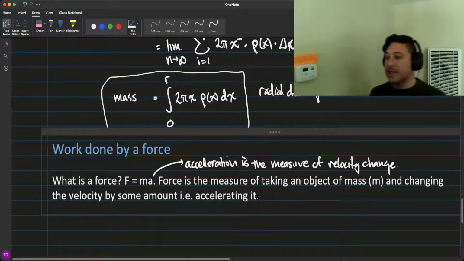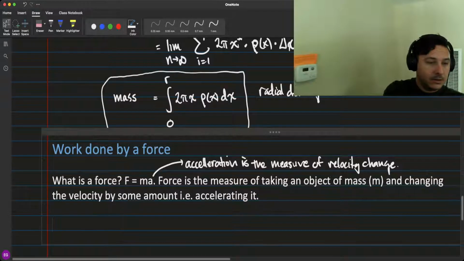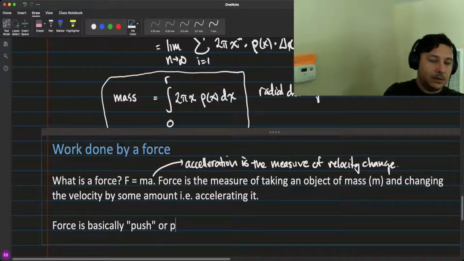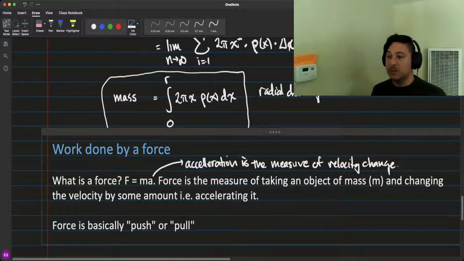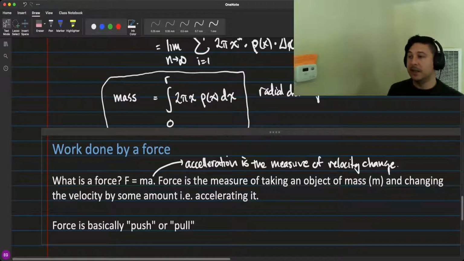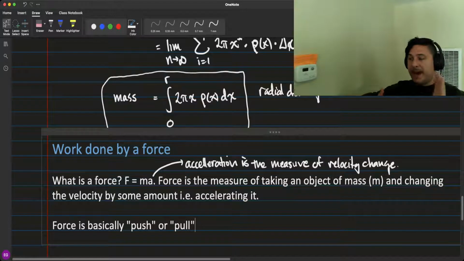You can think of force as basically like you push or you pull some object. It makes sense, because when you push or pull something, you're influencing its speed, and you have to push harder for things which are heavier, and you don't have to push as hard for things that are lighter. So the force you apply depends both upon the mass and the amount by which you change its velocity.